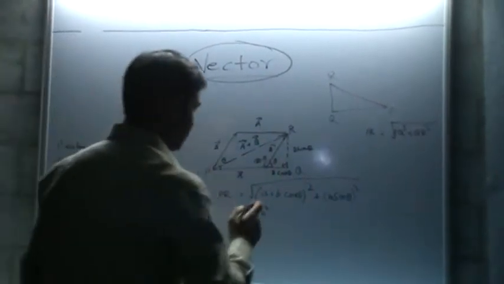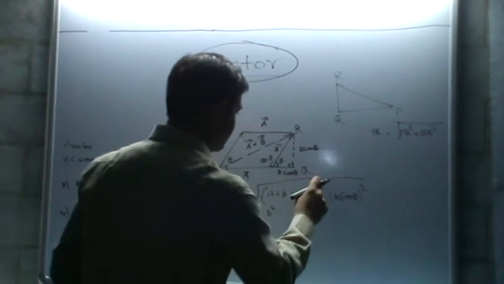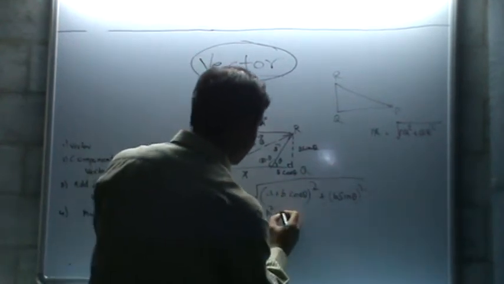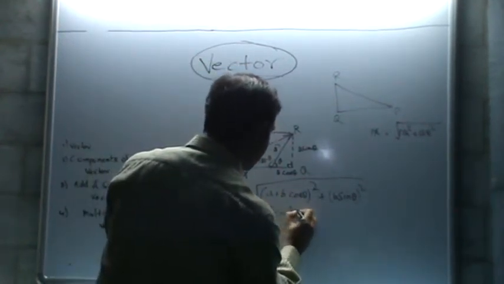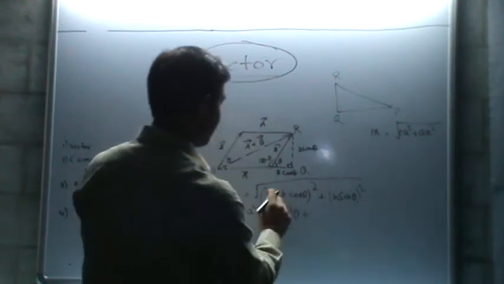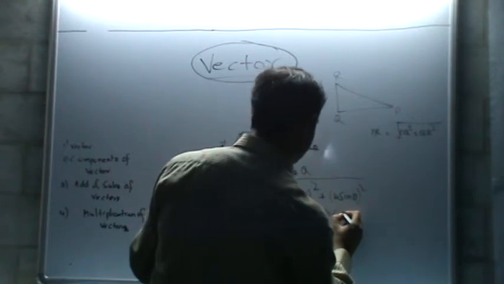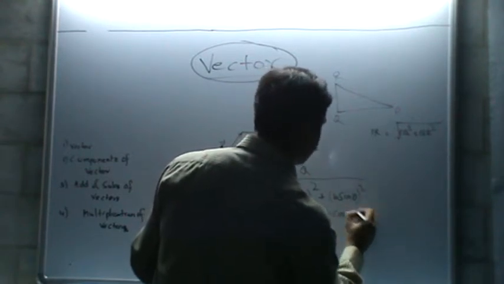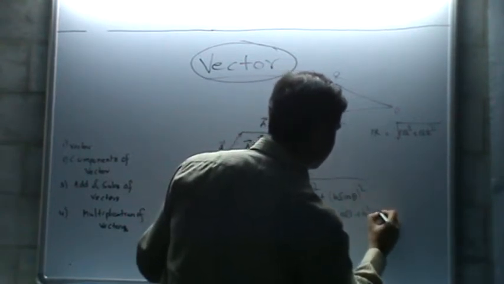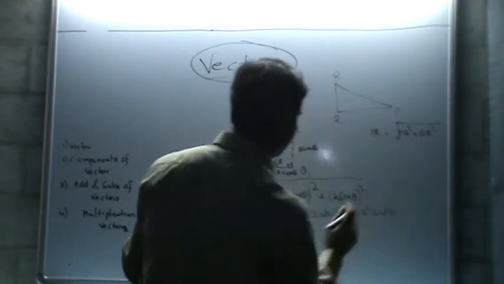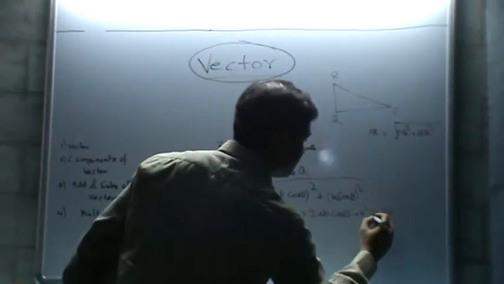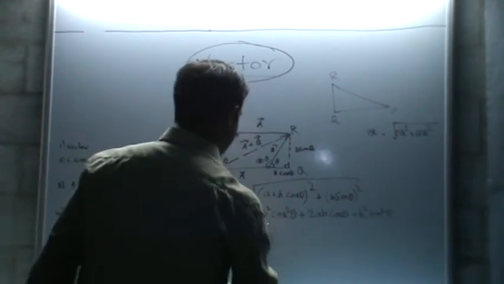Okay. Now we will break this square. A square plus B square cos square theta plus 2AB cos theta plus B square sin square theta. Now B square cos square theta, B square sin square theta.